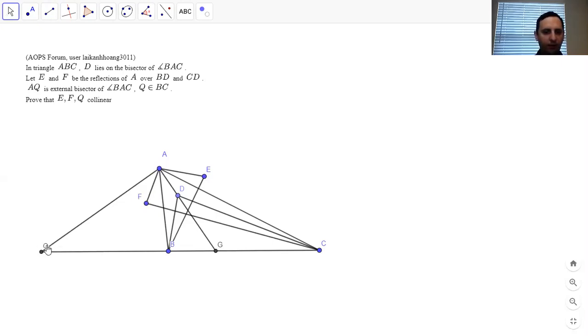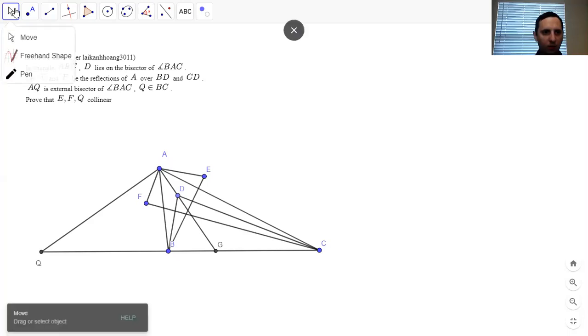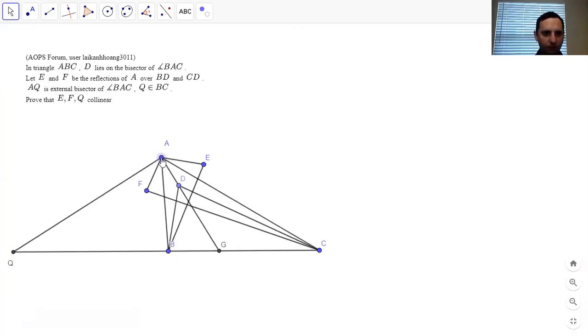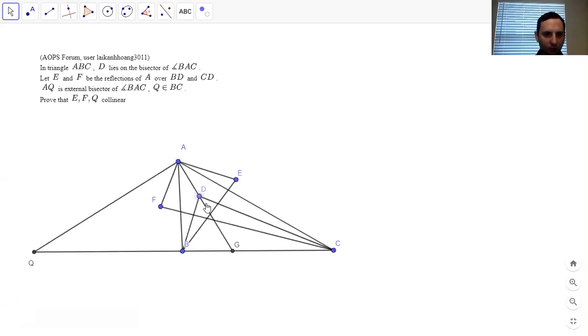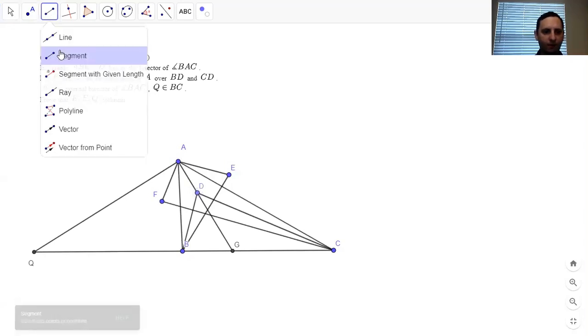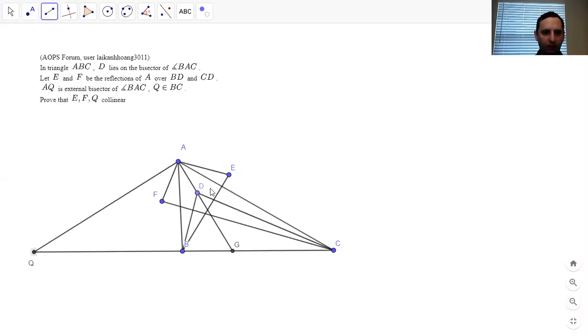This actually looks a little bit familiar, I feel like. So yeah, I don't think E and F aren't collinear. Q, F, and E are. That's what we have to prove. Can we use cross ratios somehow?